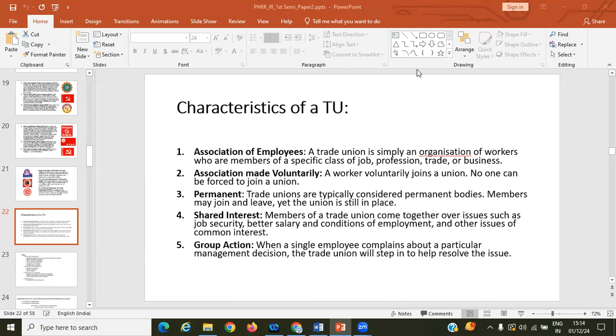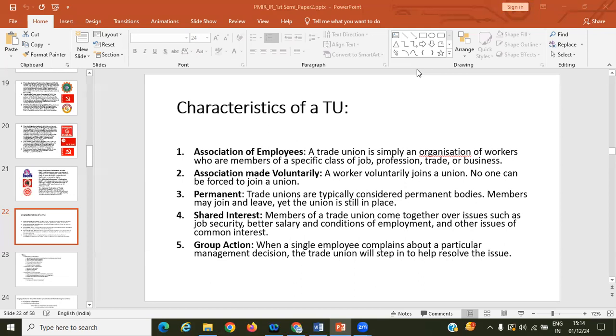So this is the concept of shared interest. Any common and general interest, the union will take to the management. That is one characteristic, one feature of trade union, shared interest.